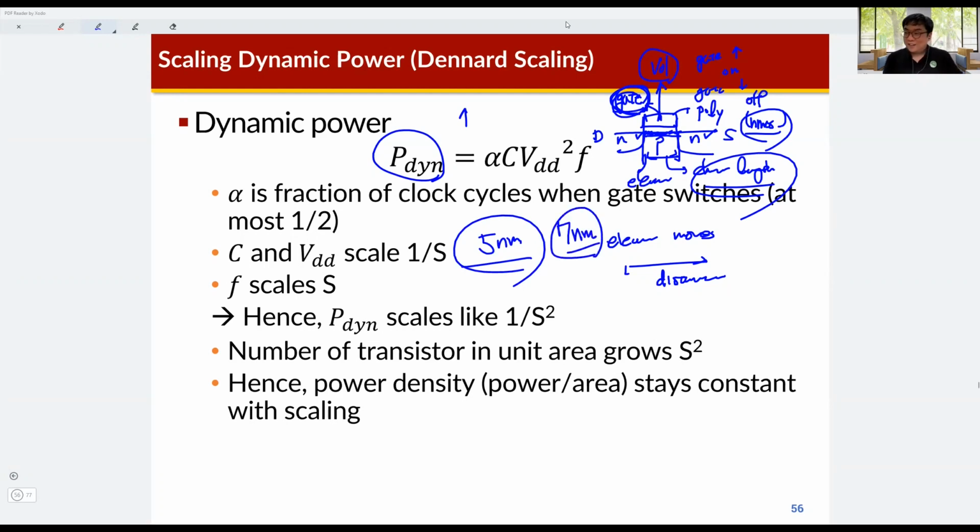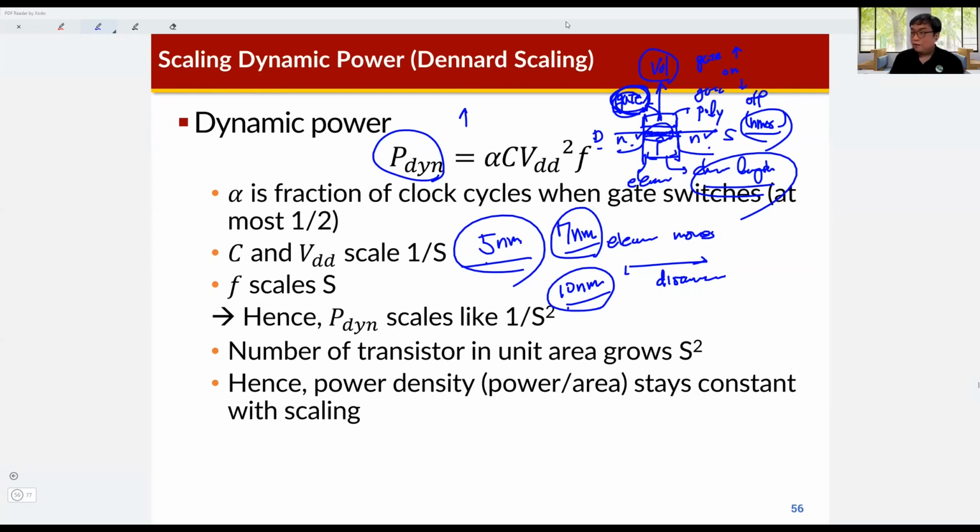So Intel is struggling to use the 10 nanometer technology. So in the news, this 5 nanometer, 7 nanometer, or 10 nanometer means the distance between the drain and source. That is called the channel length.